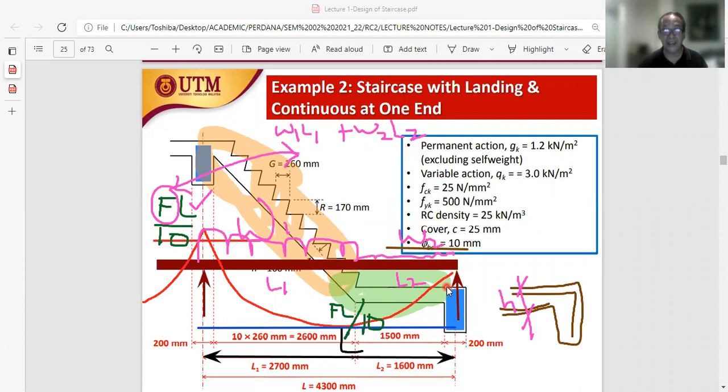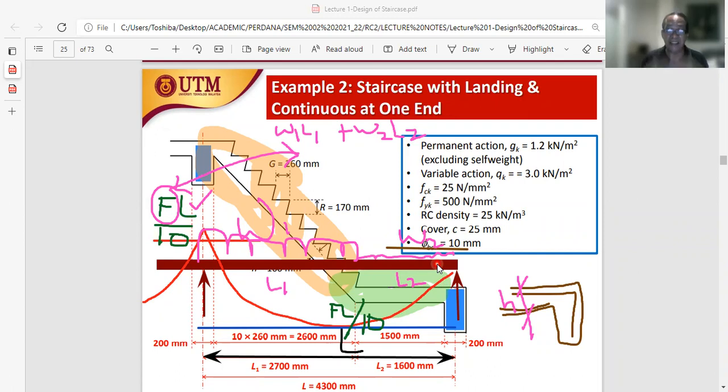Okay, and for the loading that will be acting on the staircase or on the beam, overall we will have two different loadings because we have the inclined section and the horizontal section within the same span. Therefore, we need to differentiate between the loading for the inclined section and loading for the horizontal section. Clearly, there will be a difference. For the inclined section, similar to example number 1, we will be using what is called the average thickness.